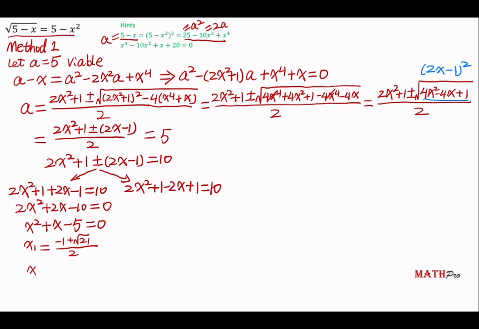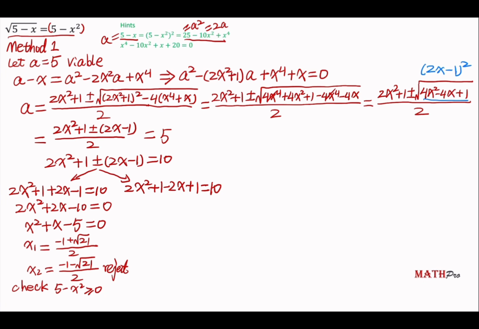And then x2 equals (minus 1 minus square root 21) over 2. And then we need to check, because here 5 minus x is greater than 0, so we need to reject x2.